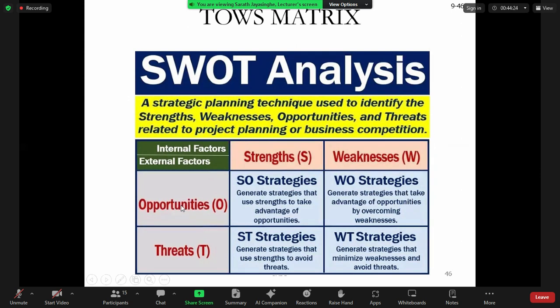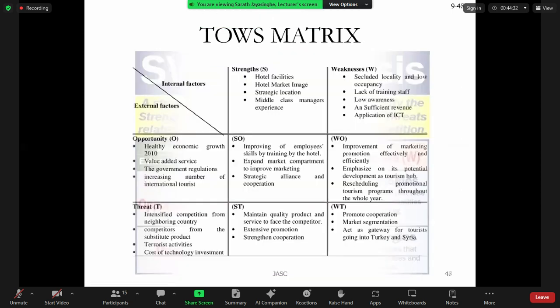So likewise, by comparing, you can develop strategies. This is one example, same model. Here you can see some strengths are listed: hotel facilities, hotel market image, strategic location, middle class managers. And here you can see opportunities: healthy economic growth, value-added services, the government regulations, increased number of international tourists.